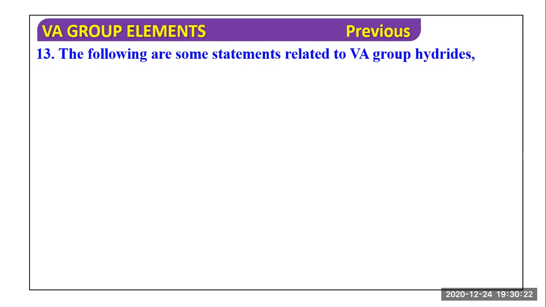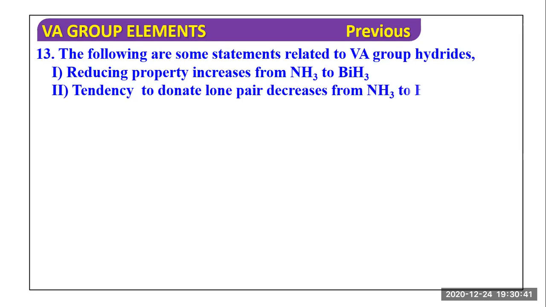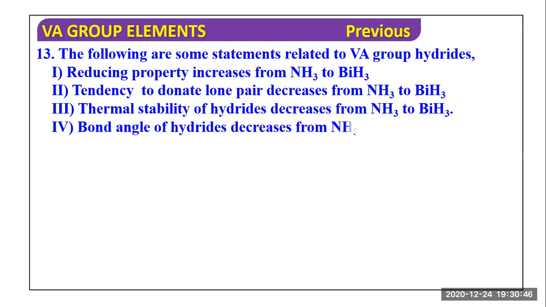The following are some statements related to group 15 hydride. Which one? 1. Reducing property increases from ammonia to bismuth hydride. 2. Tendency to donate lone pair increases from ammonia to bismuth hydride. 3.